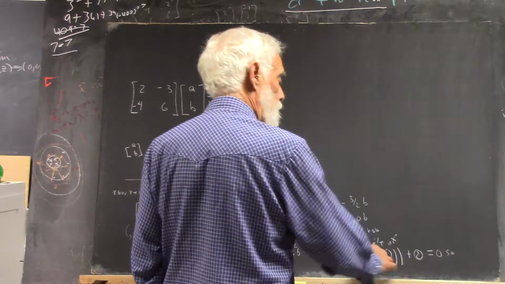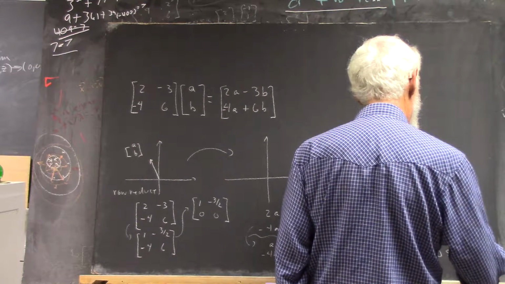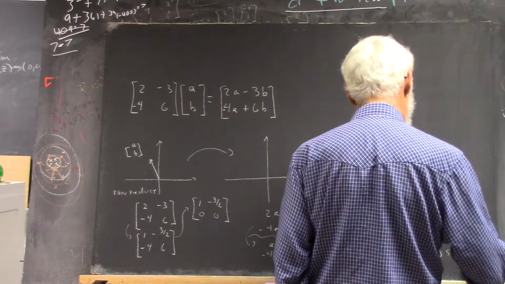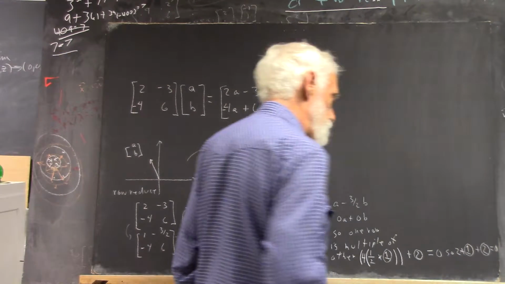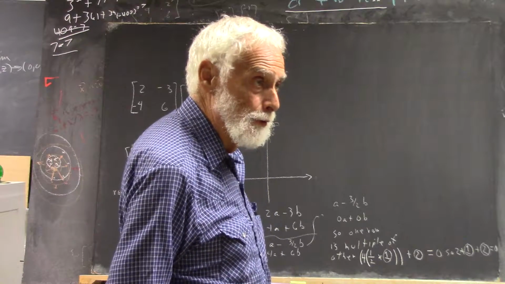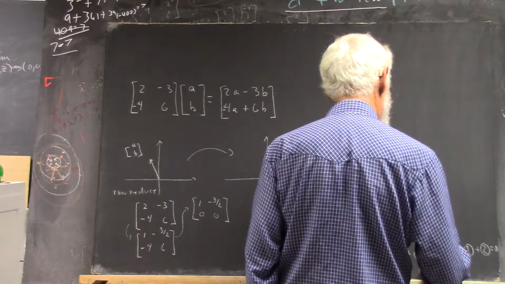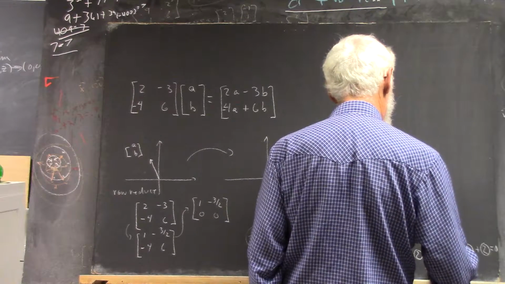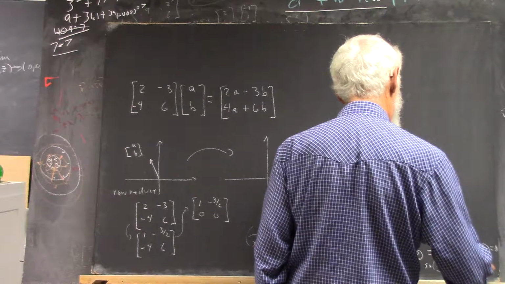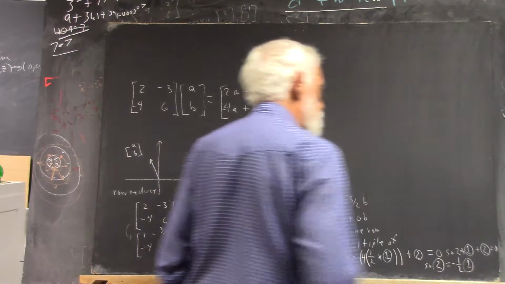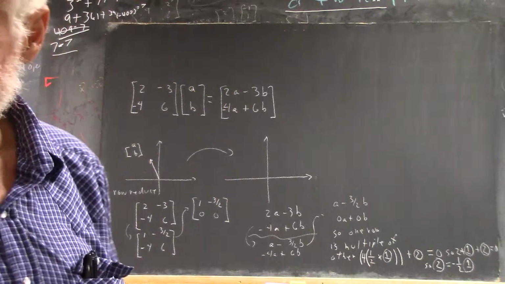Well, 4 times half of row 1 is 2 times row 1, plus row 2 gives us 0. So row 2 is negative 1/2 times row 1.